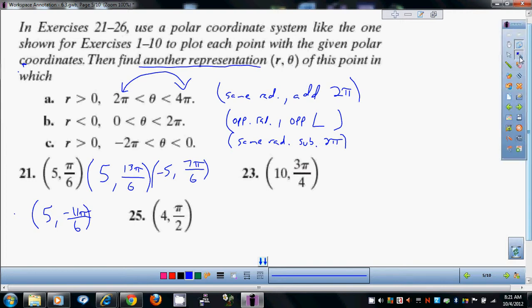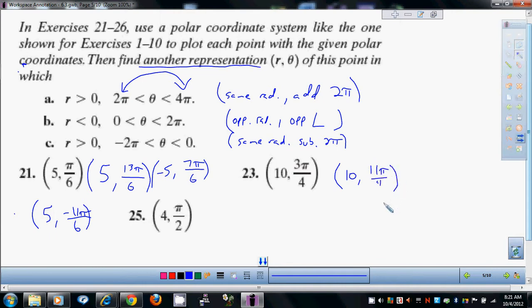So, with that in mind, what did somebody get for part A for number 23? What did anybody get for part A in number 23? Okay, same radius, add 2 pi, and you get 11 pi over 4.